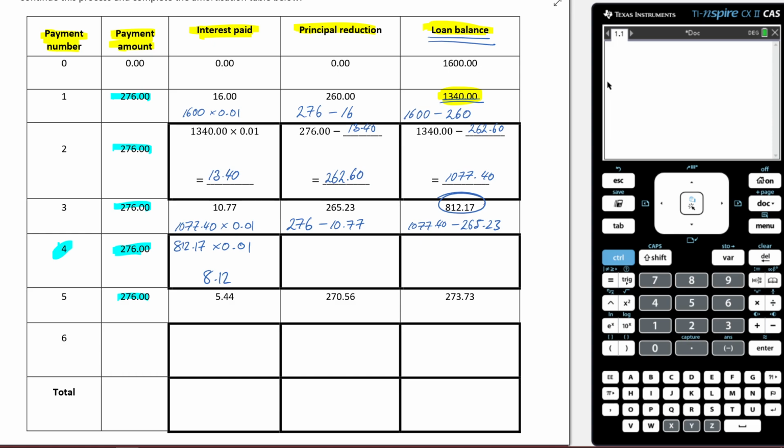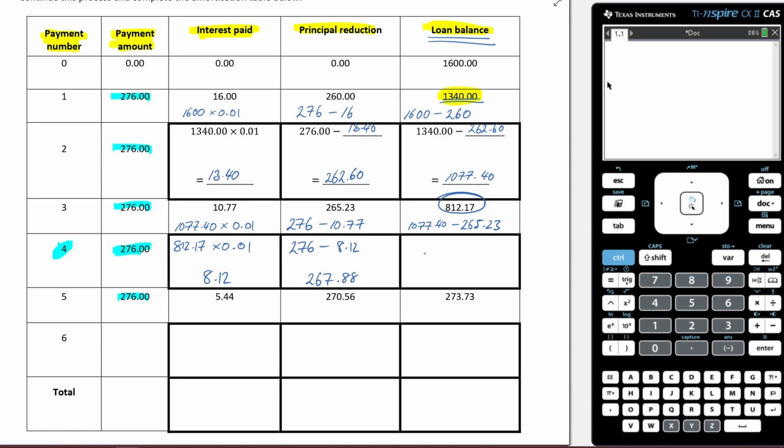If I then want to figure out what my principal reduction is going to be, I know that I'm paying 276 each month. I'm going to subtract away the interest. So when I do that, what I'm going to end up with is 267.88.